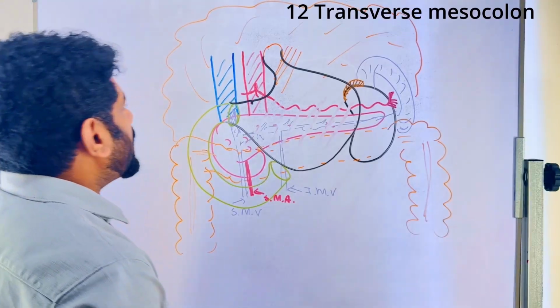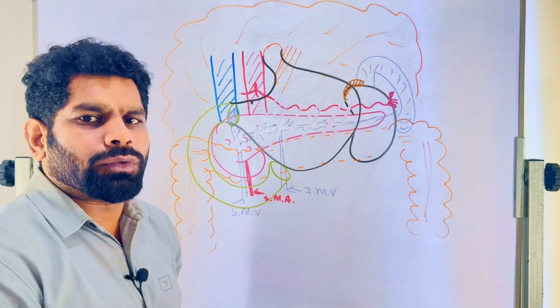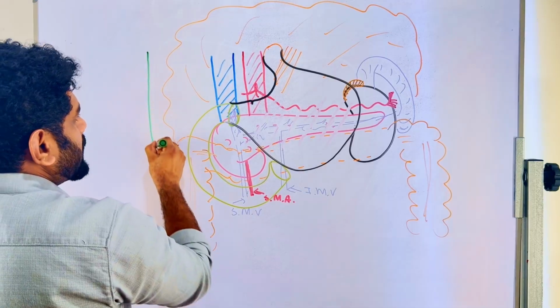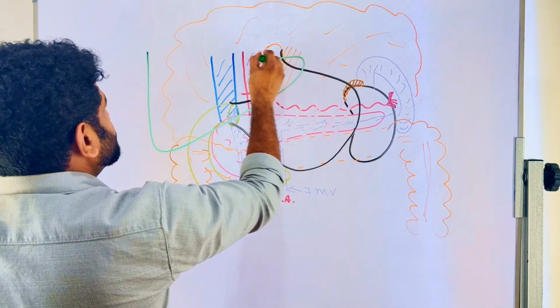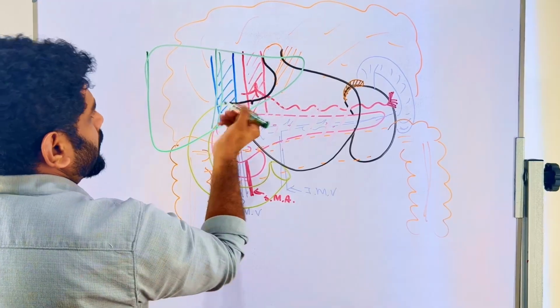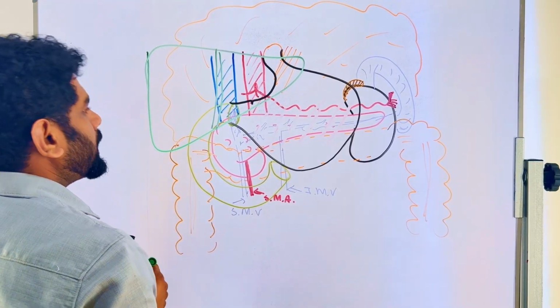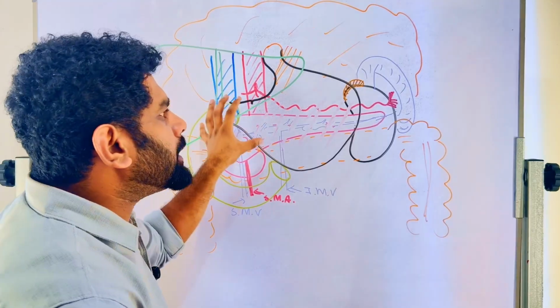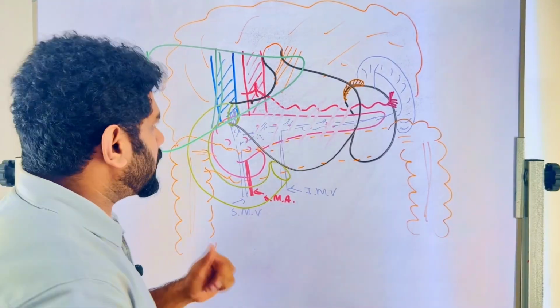Now what are the structures anterior to the stomach? Say here we have our liver. The left lobe of the liver is anterior to the stomach.